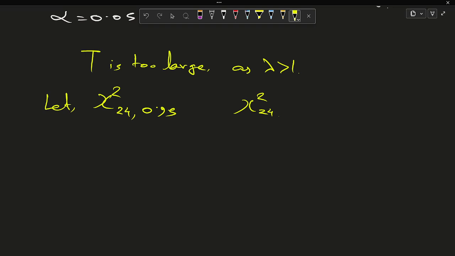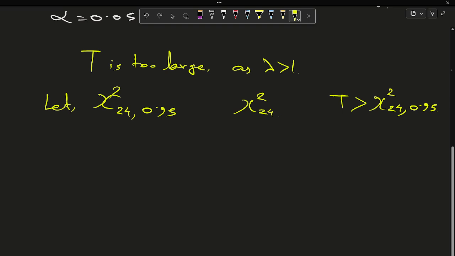So the rejection region is T greater than chi-square 24, 0.95. So what is the correct option of the question?